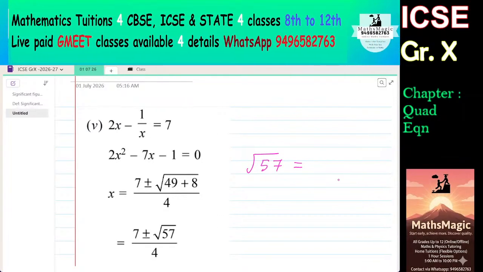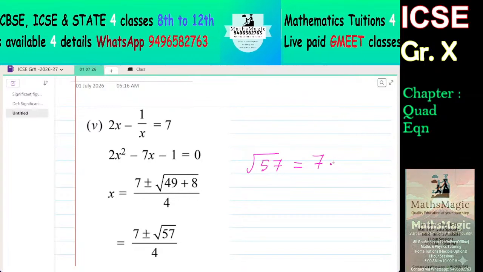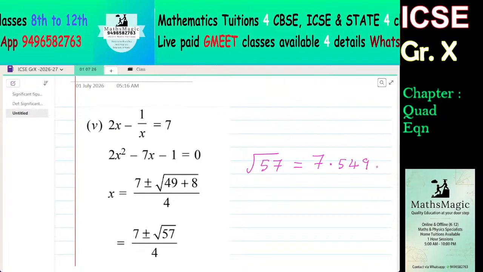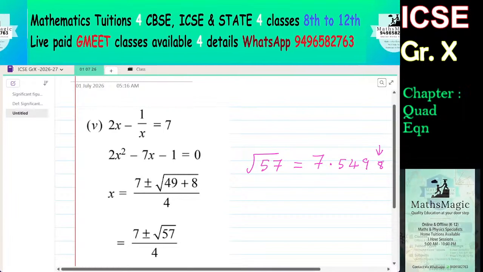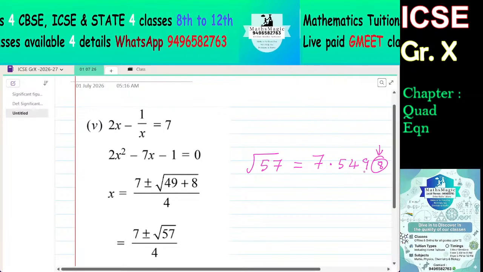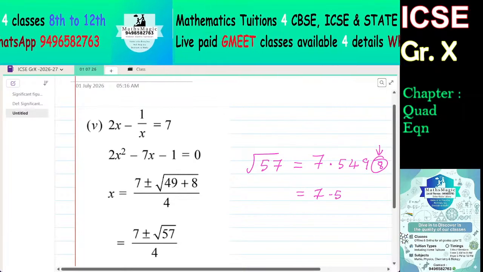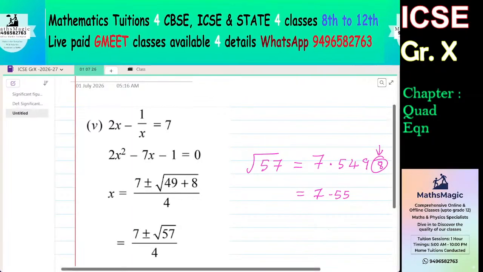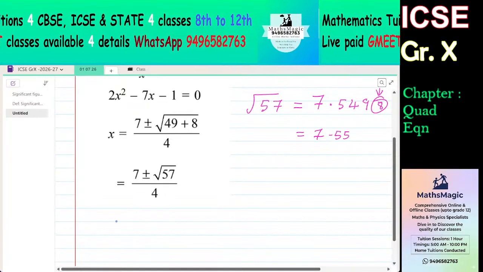That's well and good. So you might have ended up with 7.549. Some have found 8 also. No need, because already we have 3 digits here. We can round this to 7.55.